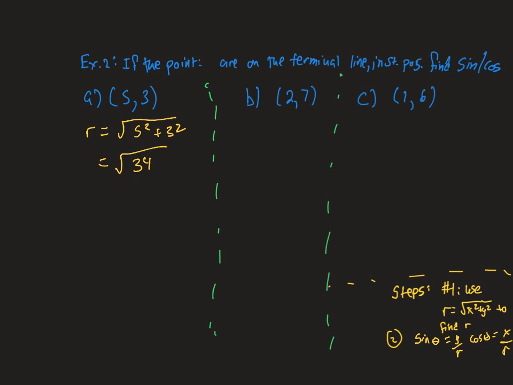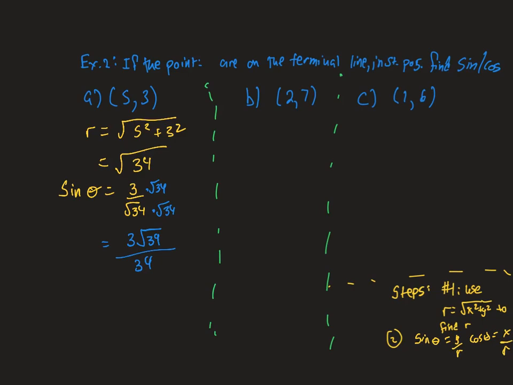So let's go into our sine. So sine should be y over r. So my y was 3, my r is root 34. I don't like having a radical on the bottom, so I multiply the top and bottom by that root, which gives me 3 root 34 over 34.